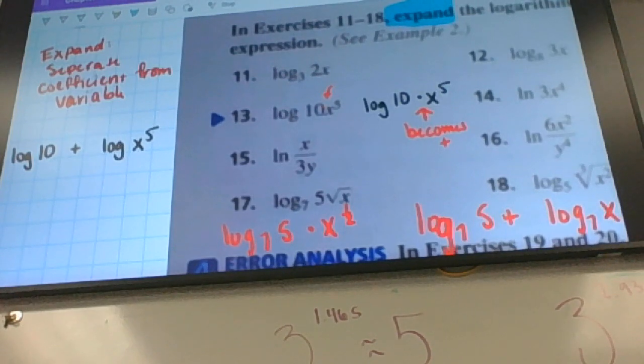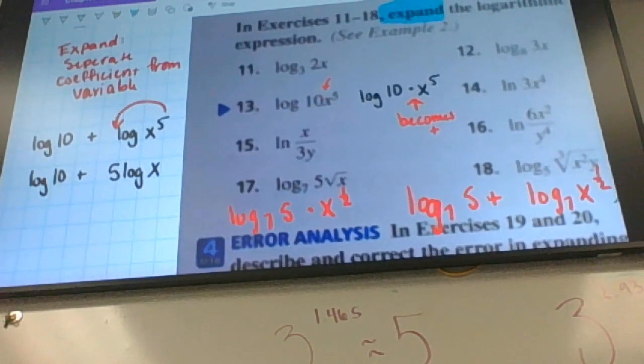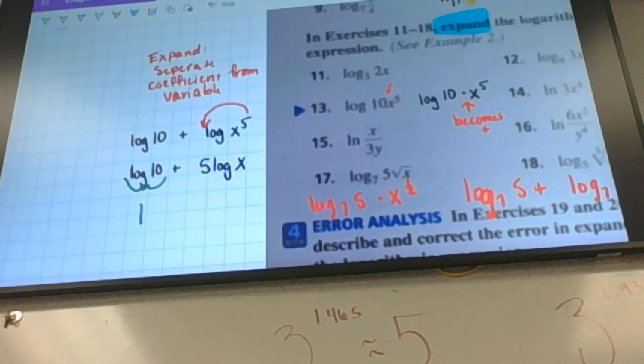When you expand, you end up writing log more. Okay? So far, so good. Next thing you do is you move exponents to the front of the word log. Log 10 plus 5 log x. Question so far? Now, your book shows this as a 1. That's because we did a question last week that looked like this.